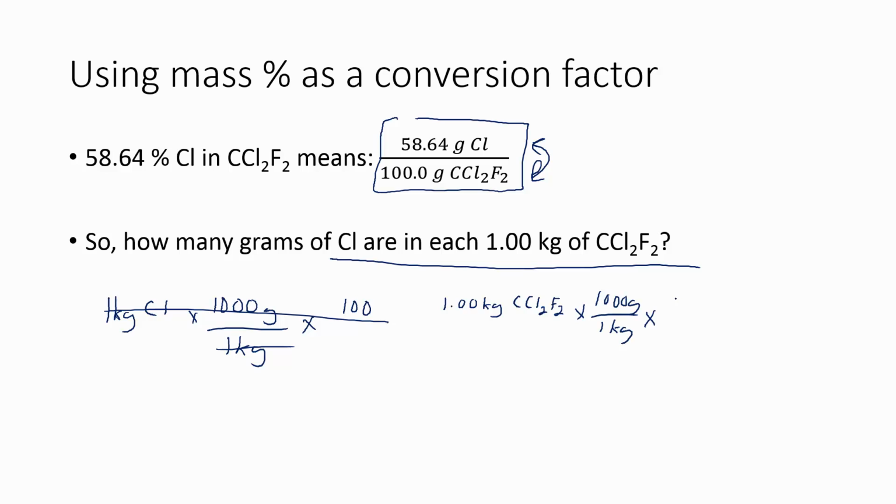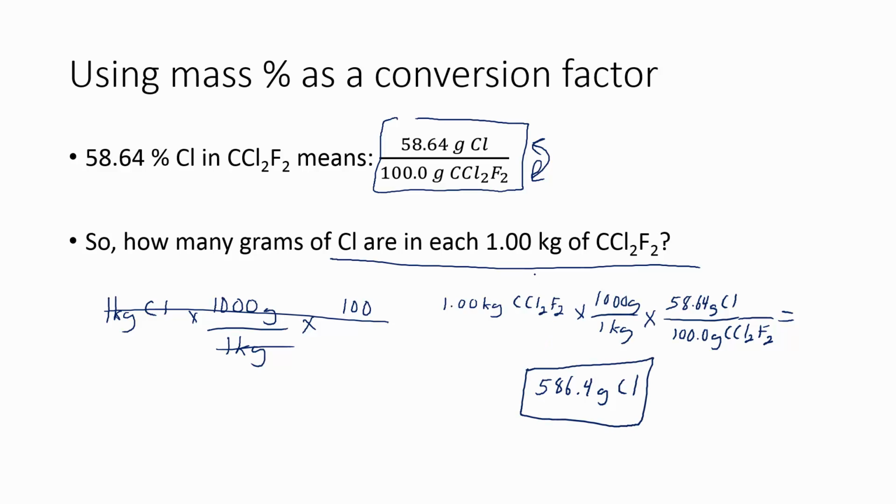And then we can multiply that by 58.64 grams of chlorine for every 100.0 grams of CCl2F2. And we get 586.4 grams of chlorine. Okay, so that makes sense because it's a little more than half chlorine, and half of 1,000 grams would be about 586.